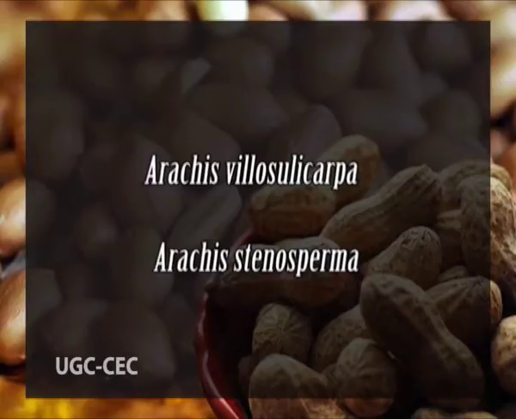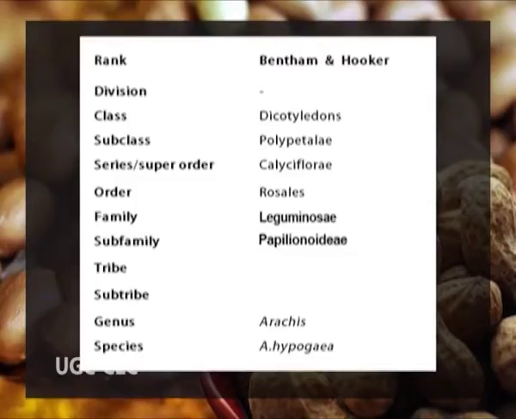The species as classified under different classification systems is summarized. Bentham and Hooker classified Arachis hypogaea into genus Arachis, order Rosales, series Calycifloræ, subclass Polypetalae and class Dicotyledons.